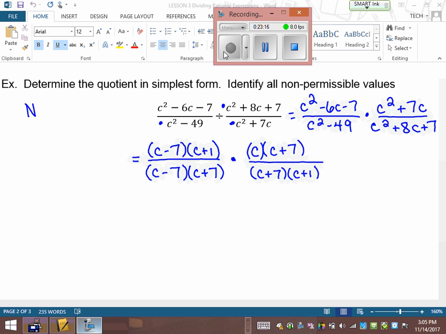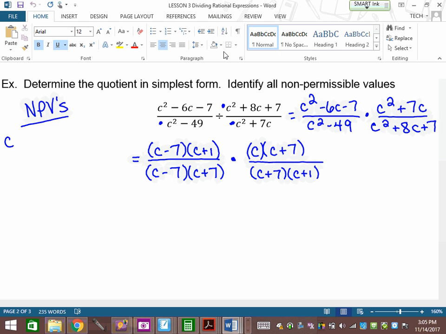So now I state my NPVs, and I state it for every single one except for the top left. Because this used to be in the denominator, and this is now in the denominator. So I have to state for both right ones. So I'm going to get C -7 can't equal 0. C +7 can't equal 0. C +7 can't equal 0 already did, so I'm not going to do it again. C +1 can't equal 0. C can't equal 0.